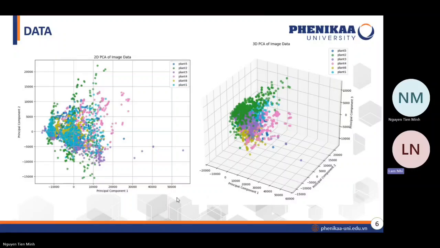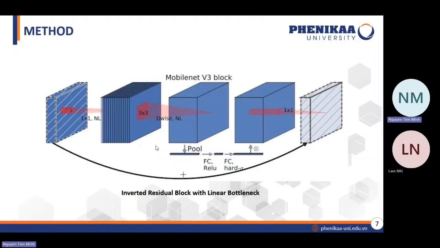The figure below shows a two-dimensional PCA scatter plot, with each point representing an image projected onto the first two principal components. The figure on the right side also shows a 3D PCA plot, with the first three components for the same data. And next we'll come to the method.